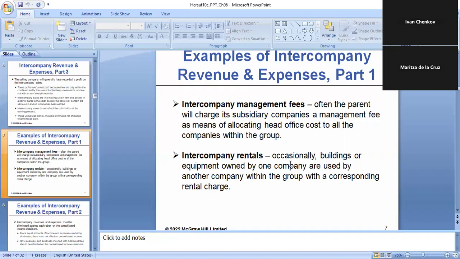How about intercompany rentals? Let's pretend the owner of the company has a vehicle and he's renting the vehicle to the company, or equipment or anything. So again, if it's within the same parent-subsidiary relationship, when we're doing consolidation, those transactions have to be eliminated.